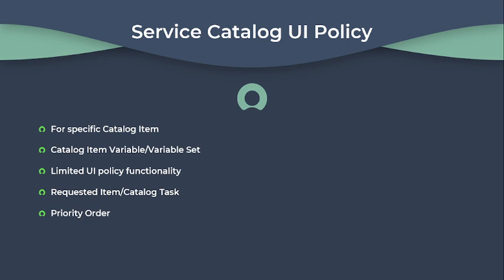Keep the following points in mind when creating service catalog UI policies. A catalog UI policy is applicable to either a designated catalog item or any item utilizing a particular variable set. Similar to a UI policy condition, variables within a service catalog UI policy condition must be visible on the form even if they are hidden or set to read-only by another UI policy.